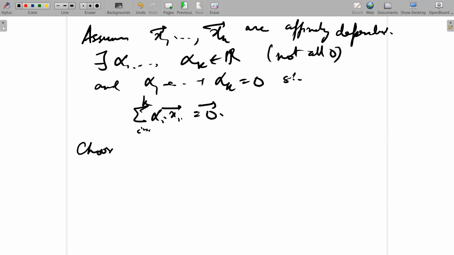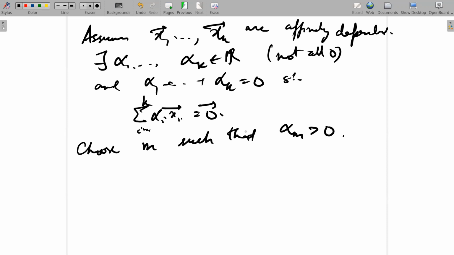So choose m such that alpha m is bigger than 0. You can do this without loss of generality, just one of them, since alpha i is not 0 for some i.